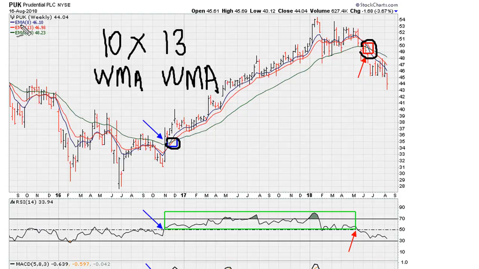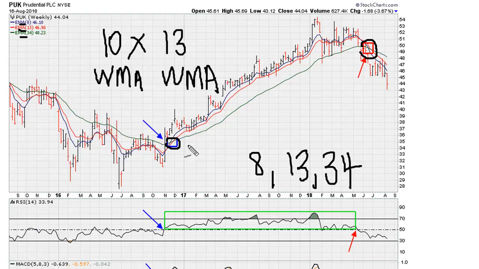Over the years, I've gone to rely more on the following. On the weekly, I use the 8-week moving average, 13-week moving average, or 34-week moving average. Now, you might notice that these numbers come from the Fibonacci series.